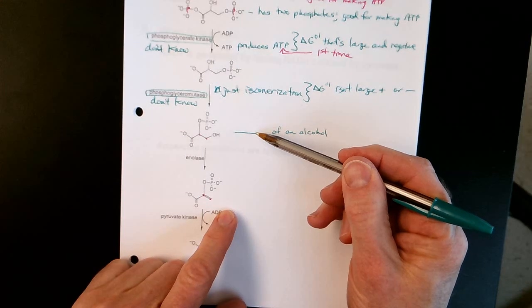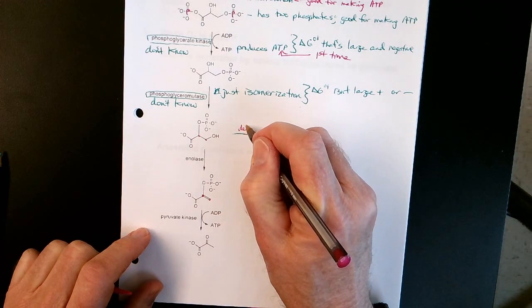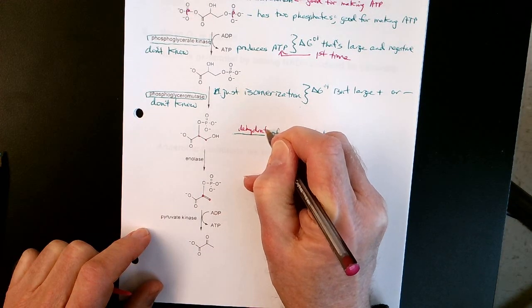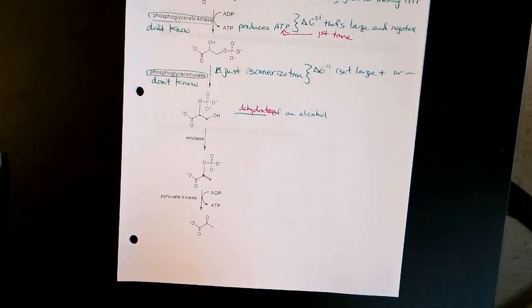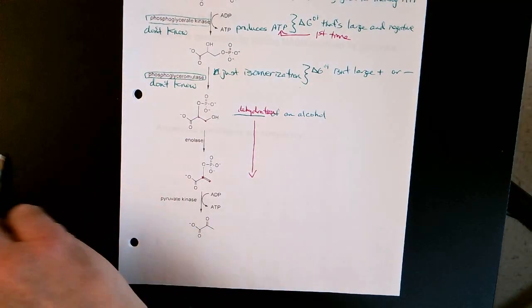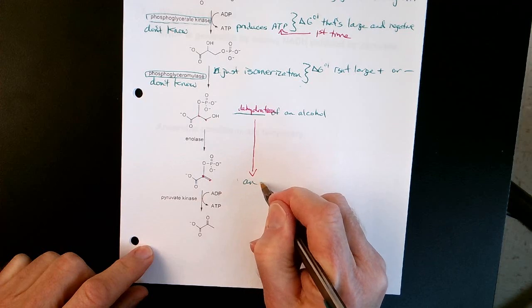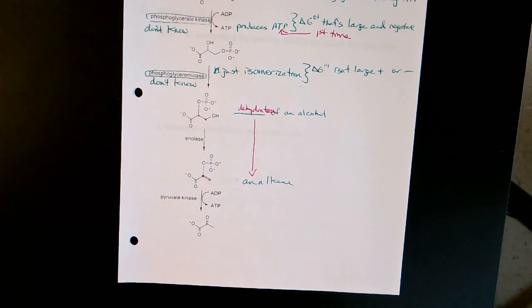Just dehydration? There you go. That's one of the first reactions you get to in order to make an alkene. So I hope you're on familiar territory there.